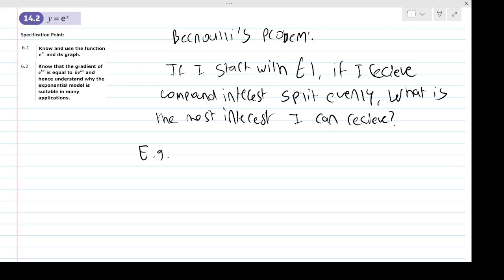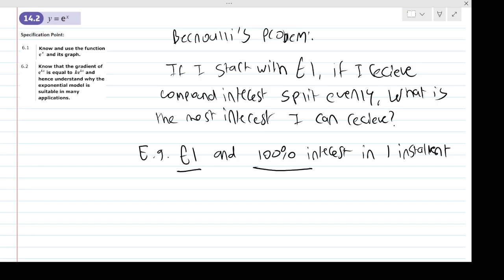Let's say I start with £1 and I get 100% interest in one installment. So I get £1 and then 100% on top of that, which is an extra £1. So that'd be £2 in total.